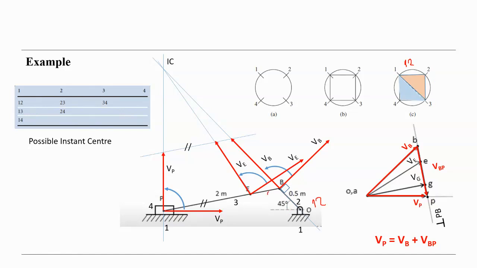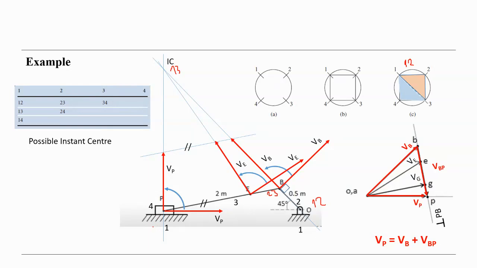2,3 is this point here. And then 3,1 or 1,3 is here. So if we draw this line through 1,2 and 2,3, we know that 1,3 is somewhere on this line. And we know that 1,3 is also on this other line.